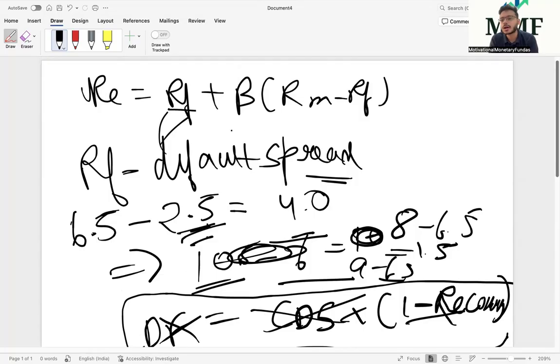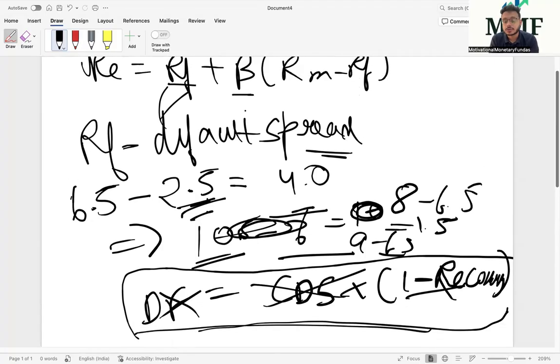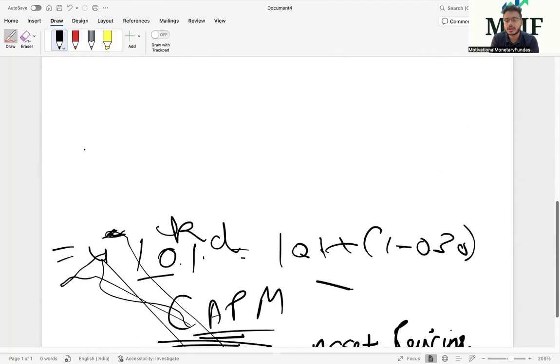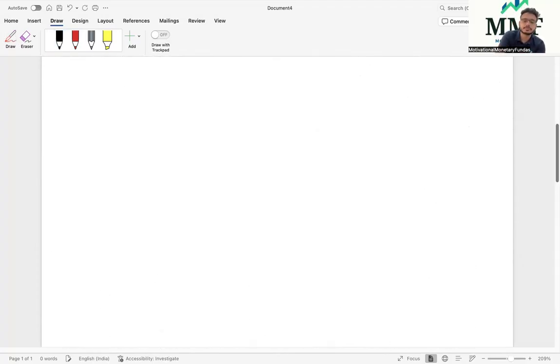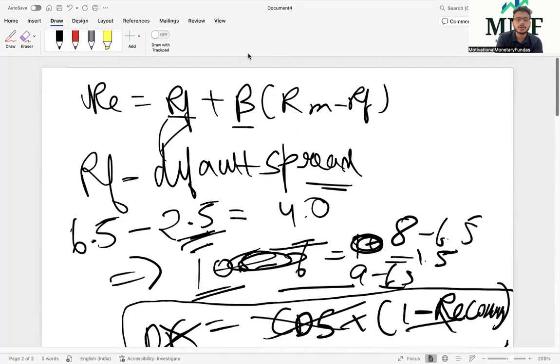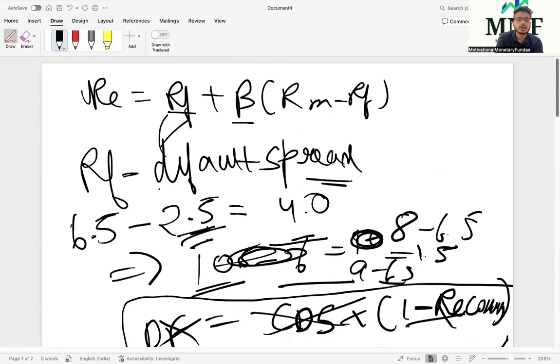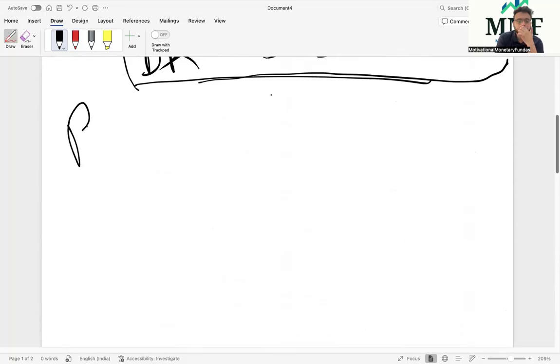Now the second component comes, this B, right? So remember guys, always adjust this RF, the adjusted risk-free rate. Then you have the component which is called beta. This B stands for beta. Now, what is beta?